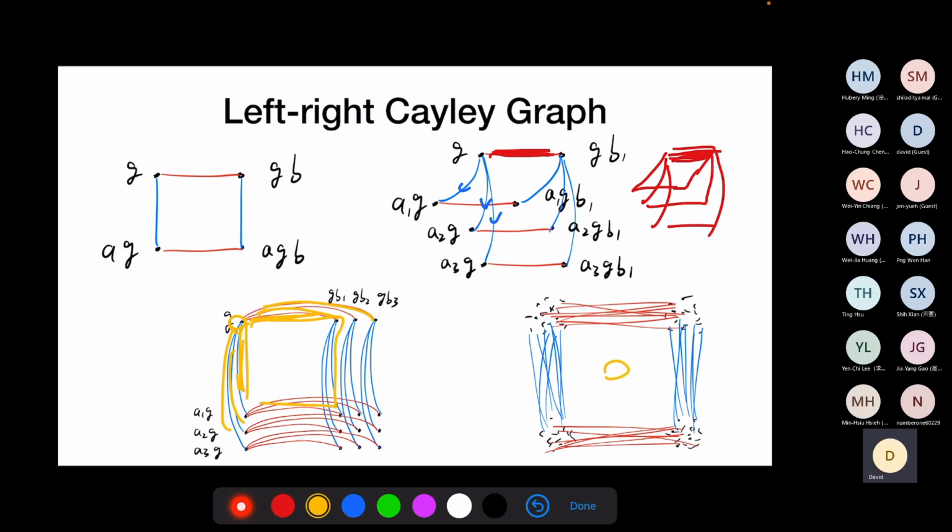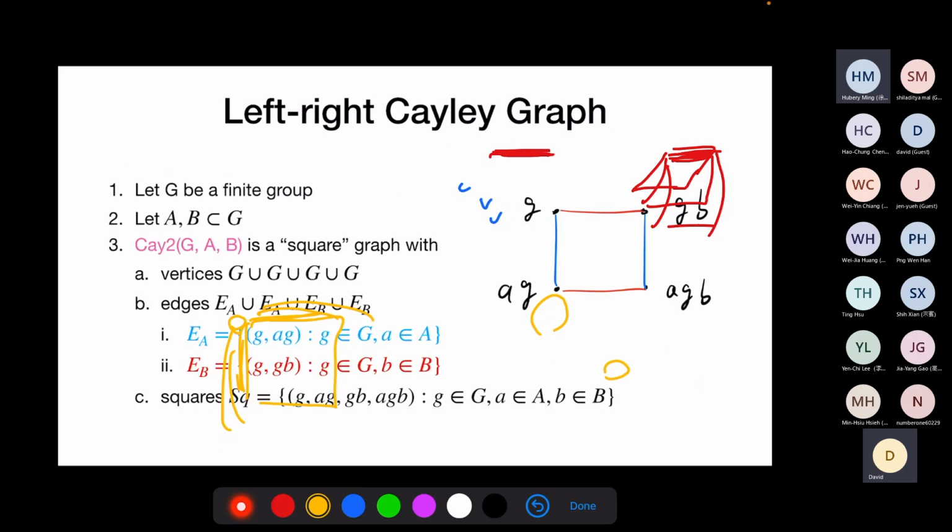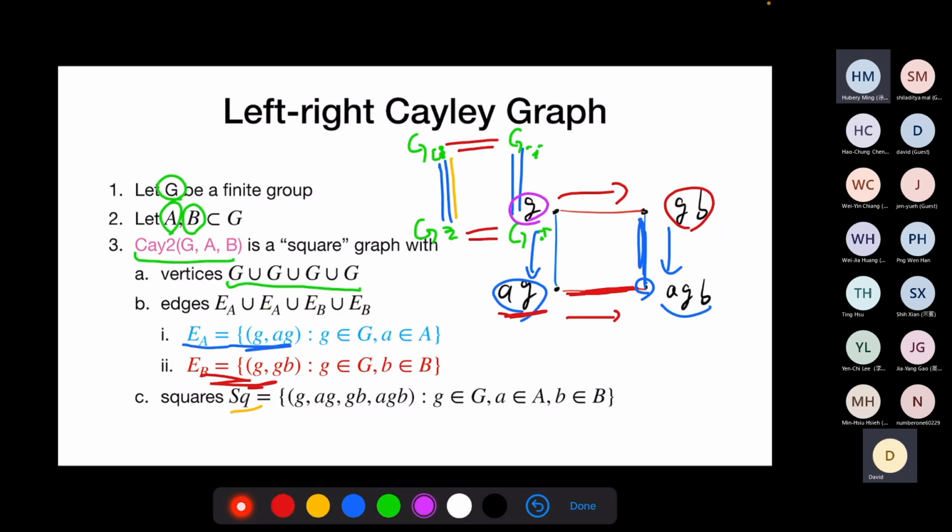The last one is just a more realistic picture. You have all these points and all those edges. So you hope to make A as large as possible, and B too? Later, the sizes of A and B will be constant.